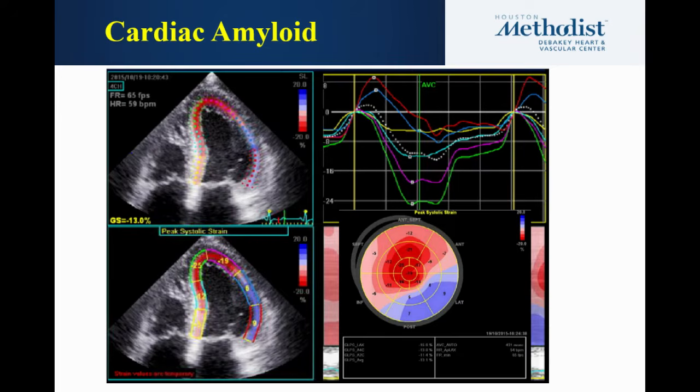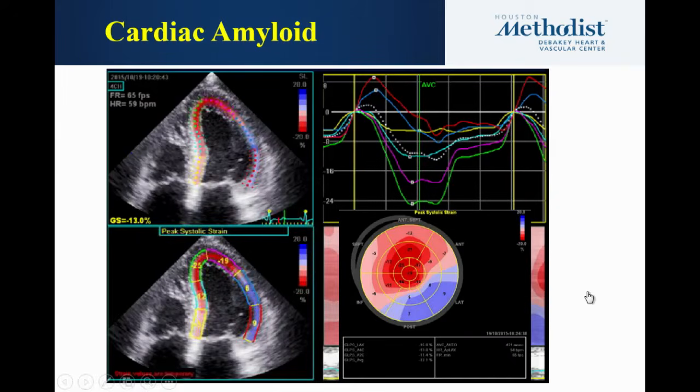It's not specific. I can show you hypertensives, I can show you aortic stenosis that have the same finding. So it's not a slam dunk, but it's nice to see. It's one more thing that you write in your report to suggest the possibility of amyloid.